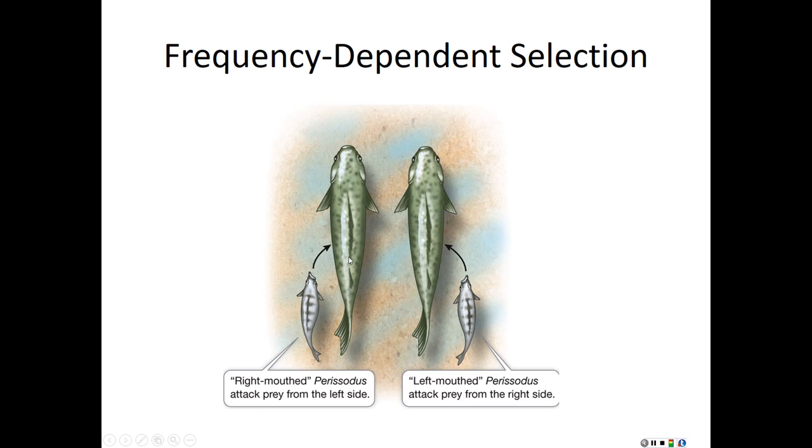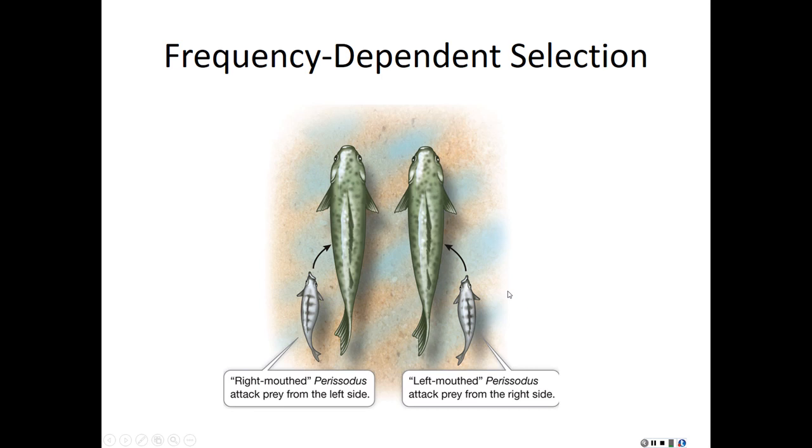And the fish that will have the advantage then are the left-mouthed ones, because they're not going to see them coming, right? This left-mouthed one takes a bite out of the right side of the fish. And so this guy is going to start to become favored in terms of passing its genes on, because it's going to have a greater opportunity to get a meal and not get killed.